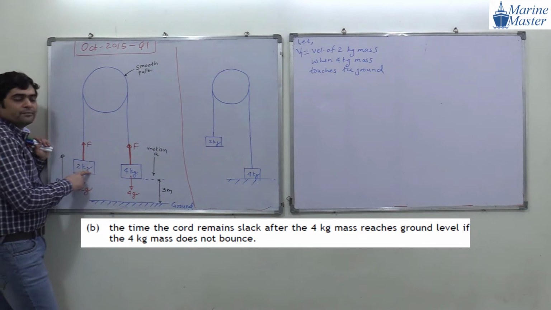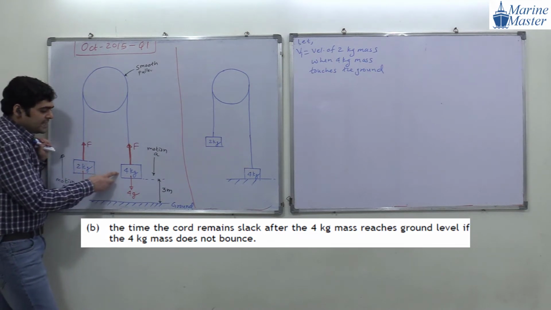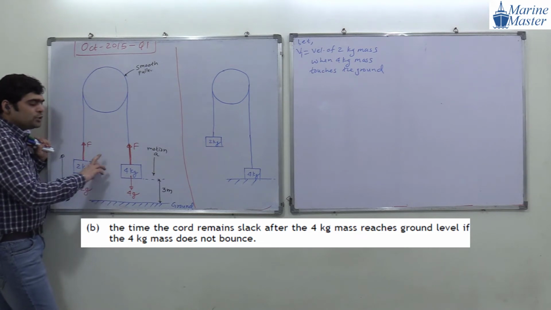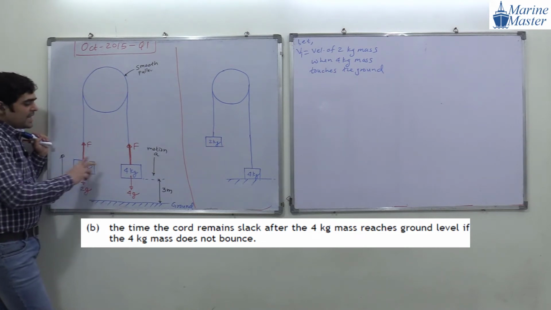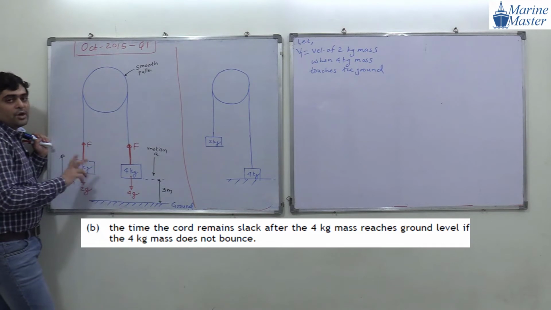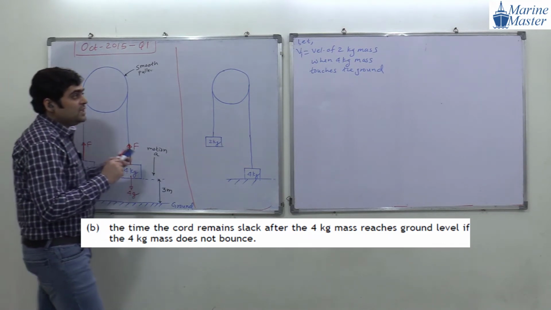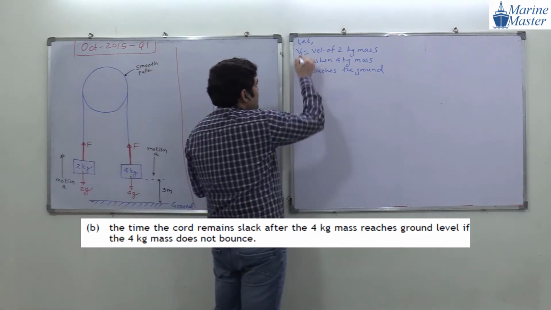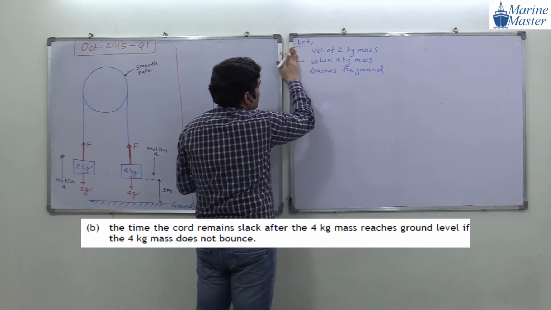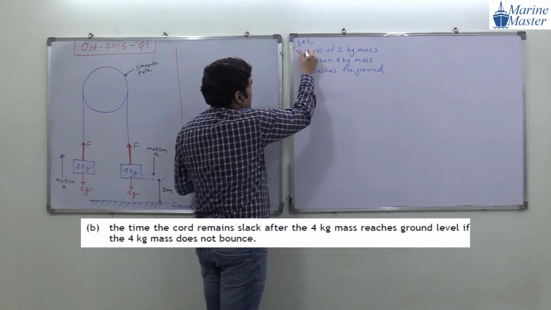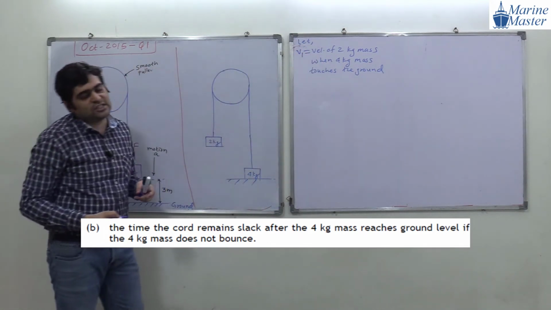The acceleration of the 4 kg mass and the 2 kg mass is the same when both masses are moving, till achieving velocity v1. After achieving velocity v1, the 4 kg mass touches the ground.